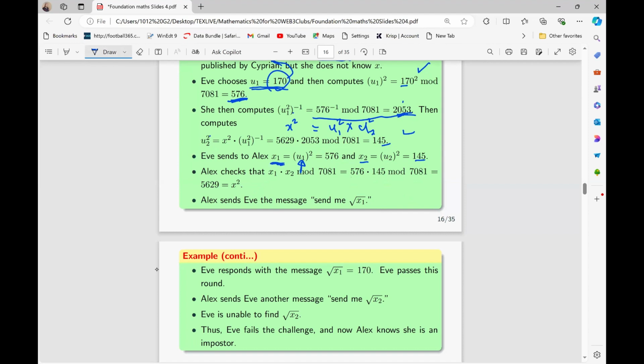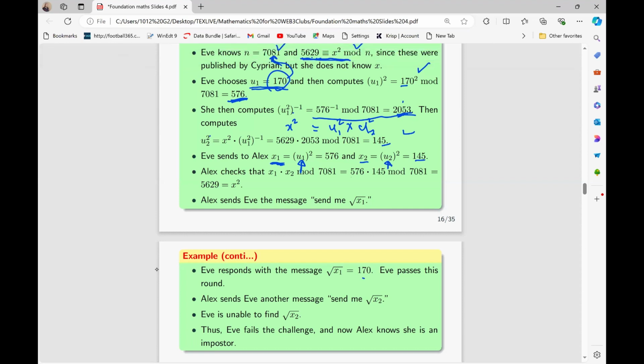So she's able to tell the square root of x1 as 170. But when it comes to x2, it was the square of u2. But what is u2? She doesn't know u2. What she knows is the square of u2, which is 145.